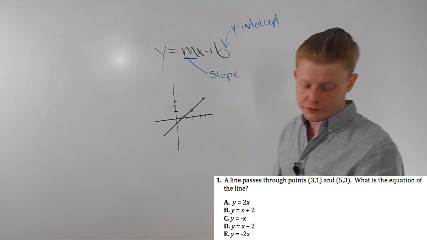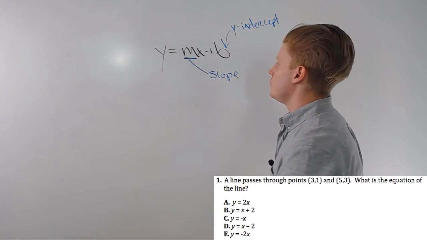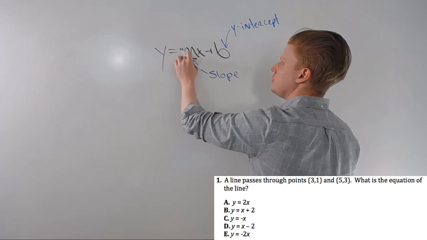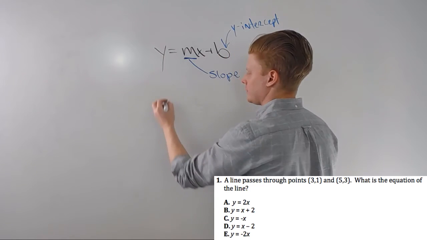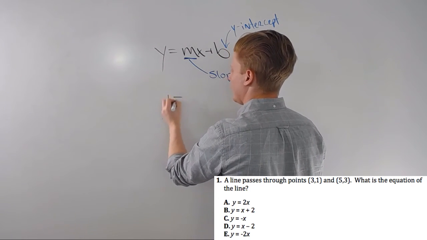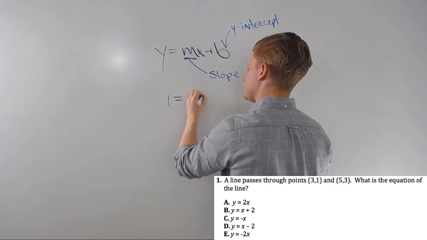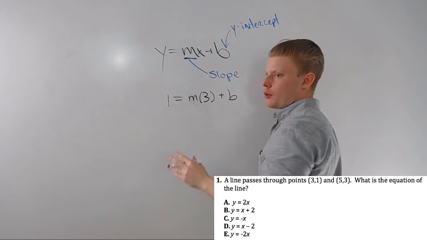Third way to solve, you can actually find the equation. The third way will be to find the slope and then plug in the points, because right now we have four variables. I could try plugging in a point first. I could say, well, when y is 1, m times 3 plus b is equal to 1, but I still have a problem, right?